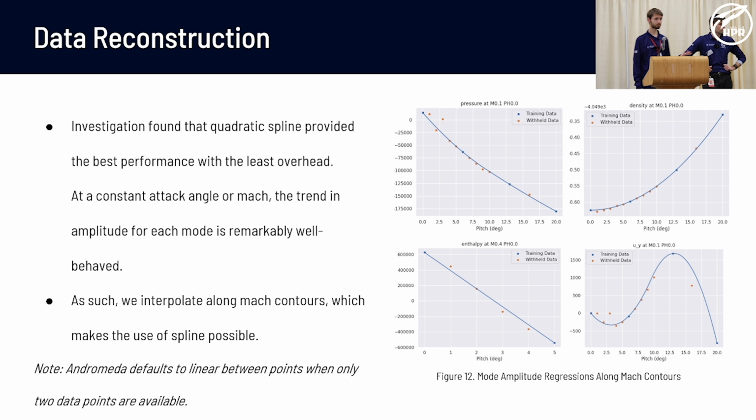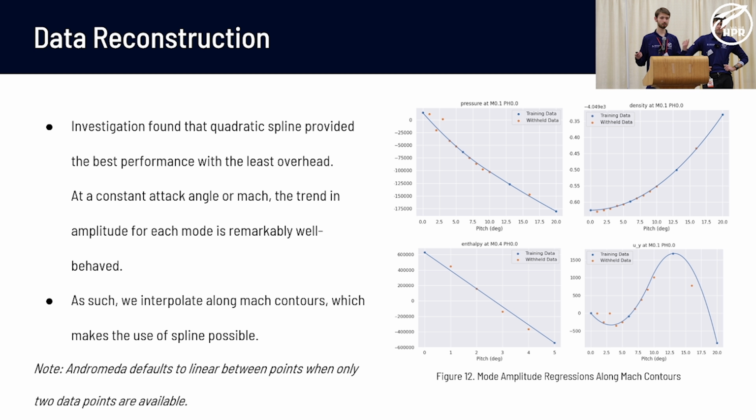So after this investigation, we found that quadratic spline provided superior regression capability for the least amount of overhead, which is in line with Andromeda's design requirements of being lightweight and easy to read. And so the way we do this is, in our database, we hold our Mach constant, and then we just interpolate along these Mach contours.